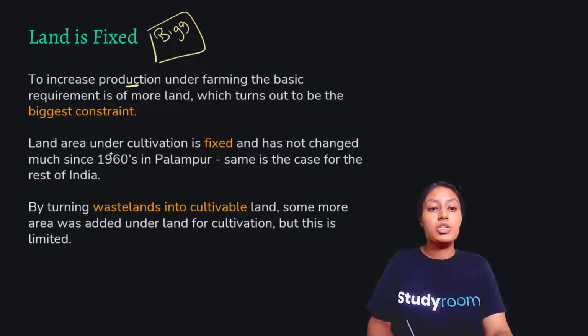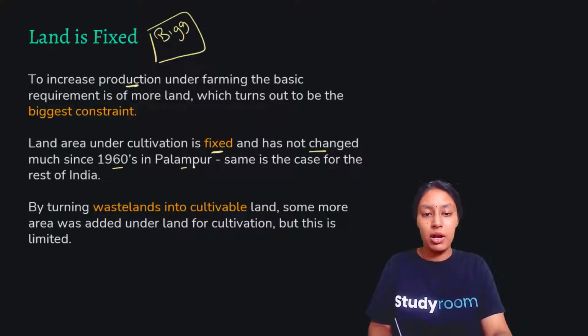The land under cultivation is fixed and has not changed since the 1960s in Palampur. This is the same as the case for the rest of India.